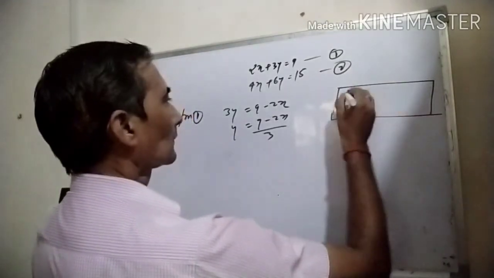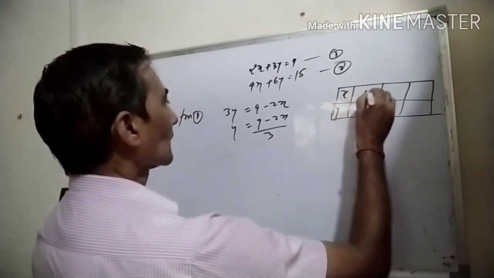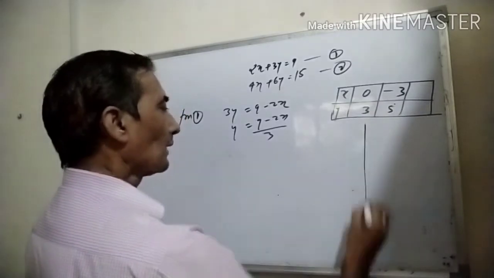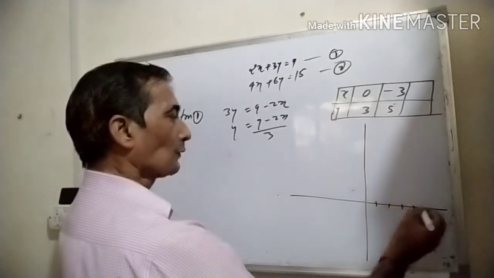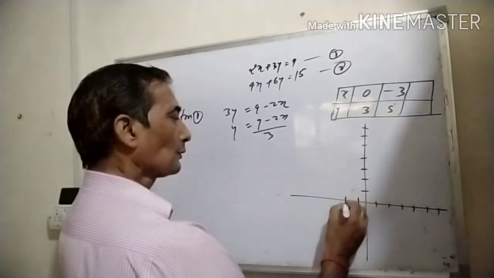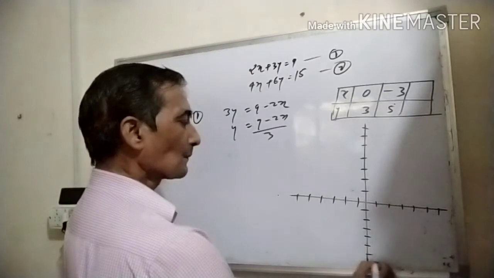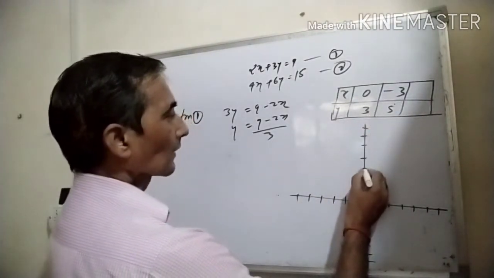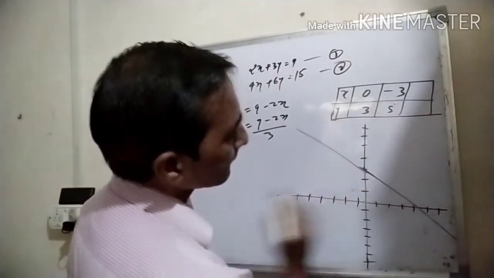Plotting this, x and y, (0, 3) and (minus 3, 5), and here is 1 2 3 4 5 6, 1 2 3 4 5 6 7, and similarly (0, 3) is here, and you will get a straight line like this.